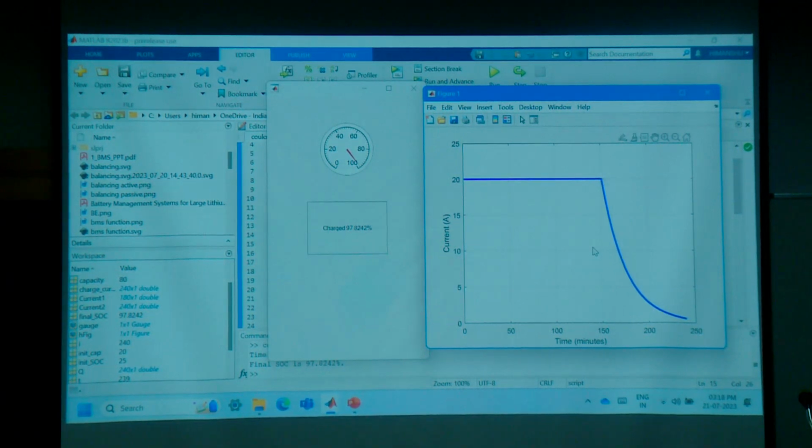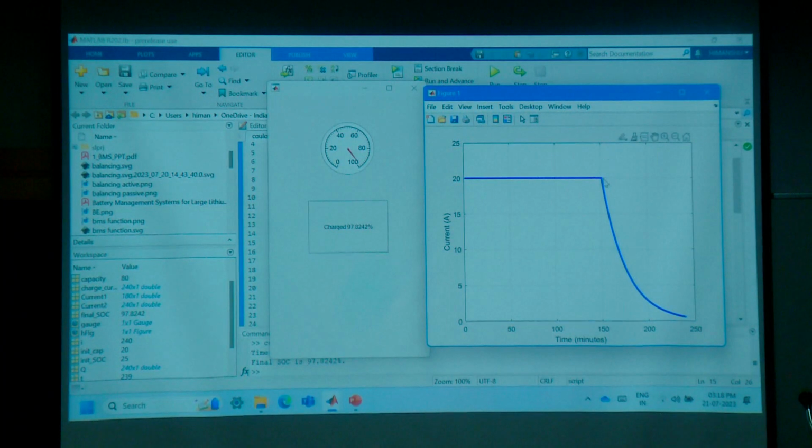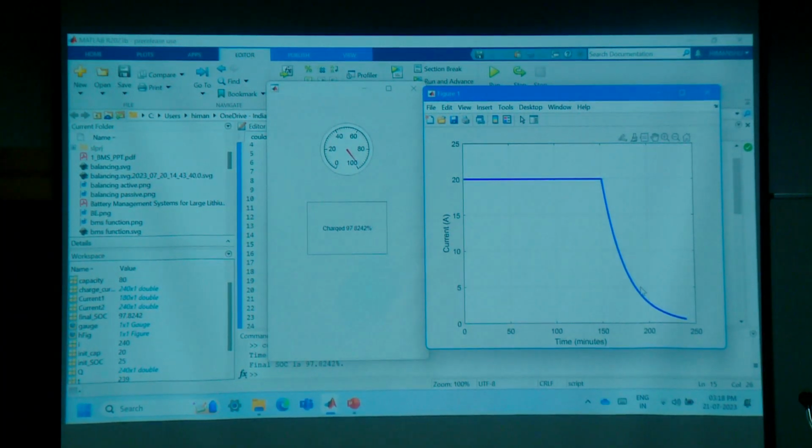That has charged it to some capacity, and then my current is reducing. If my current had stayed at 20 amperes, then within 3 hours I could have charged to 100%. But my current has now reduced, because of the CCCV algorithm, which demands the voltage to be maintained, so the current needs to reduce. Once the current reduces, the charging speed also reduces, and it charges up to 97%.